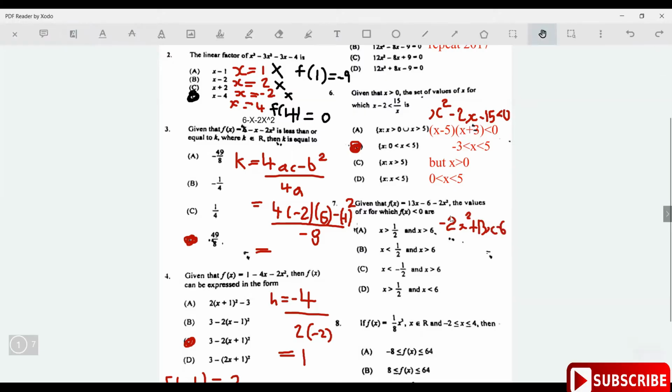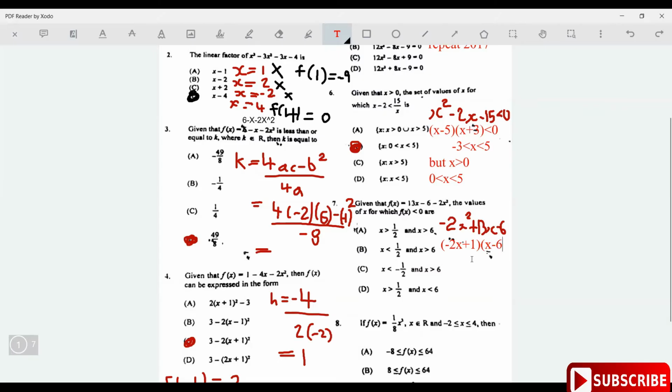And so now we're going to factorize this. Factorizing this, what we're going to get looks like minus 2x plus 1 times x minus 6.